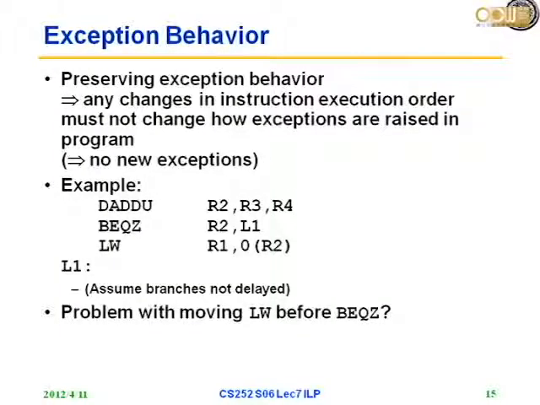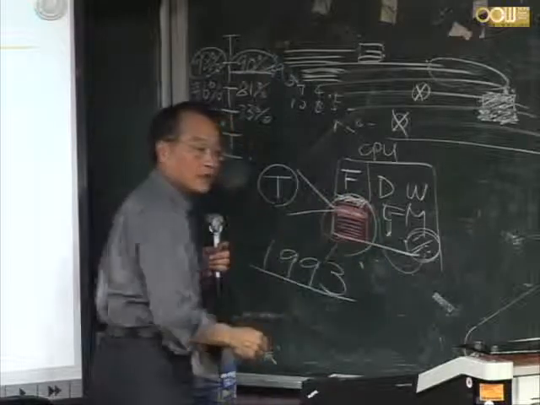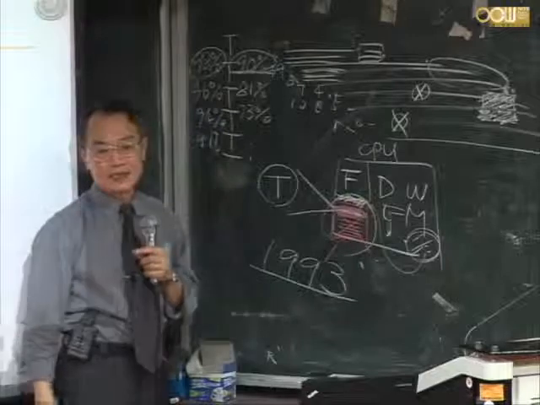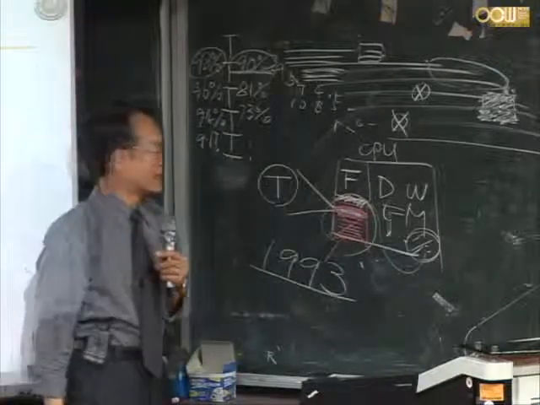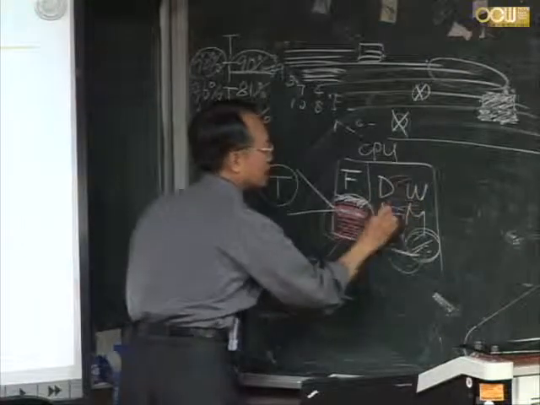So now do you know how to preserve exception behavior? Whenever some instruction goes wrong, assuming this one, then what I need to do is simply kill all of these. These instructions are still running around in here.